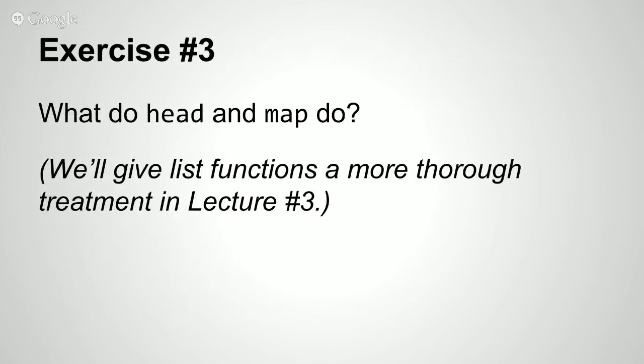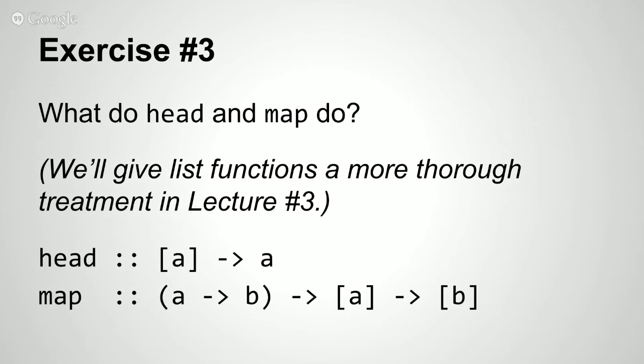So what do head and map do? Anyone not know the answer to these? So yeah, they're list operations. Head takes the head of the list, and map is that guy that we've seen that applies f to every element in the list.